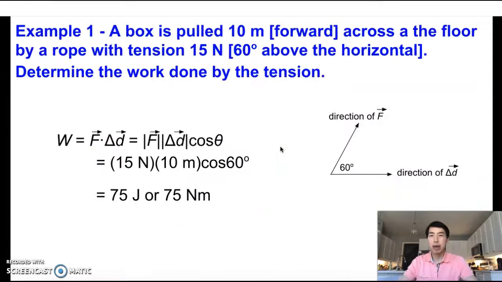In the previous example, the tension pulled the box in not completely the same direction, but both of these arrows are at least kind of pointing towards the right. So the answer should be positive if they're at least partially in that same direction.